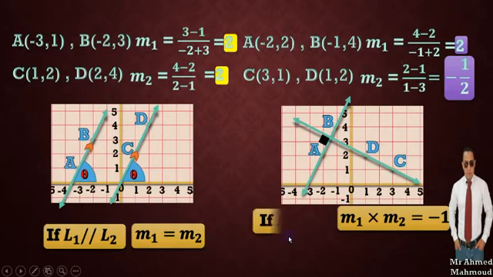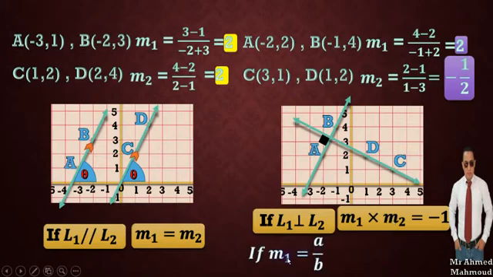If L1 is perpendicular to L2, then m1 times m2 equals negative 1. If L1 is parallel to L2, then m1 equals m2. Here I can find m2 another way.